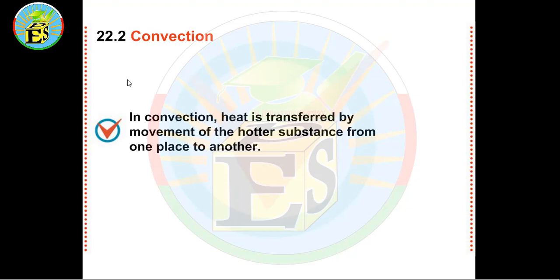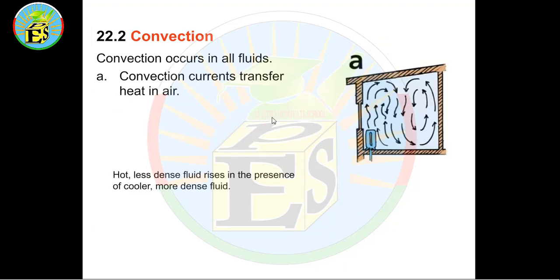The second way for heat transfer is convection. In convection, heat is transferred by movement of the hotter substances from one place to another. Convection occurs in all fluids. Fluids, we said it before, are gases and liquids.